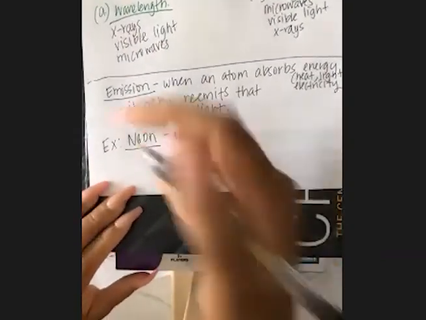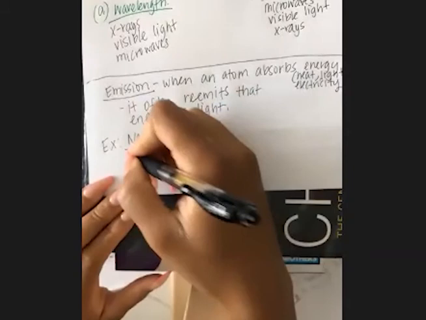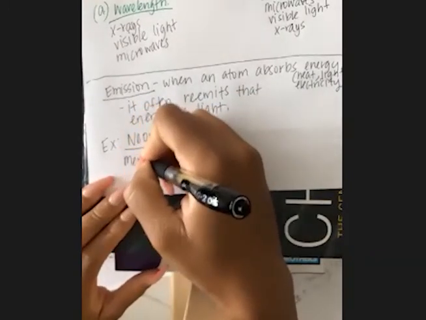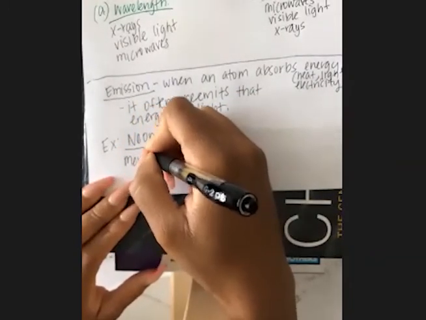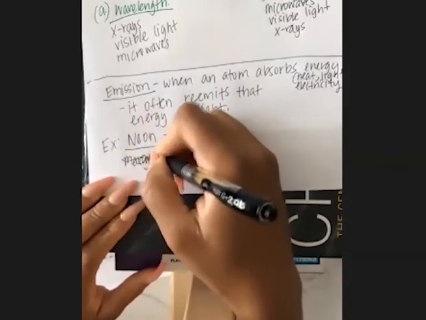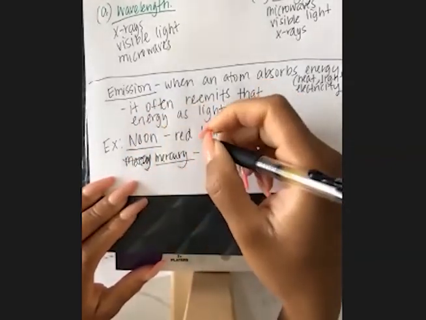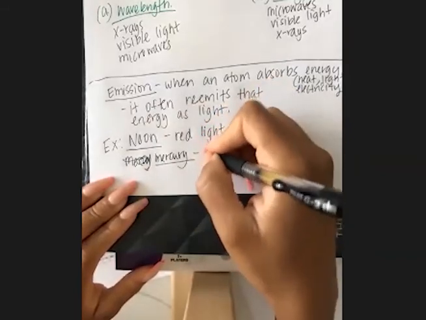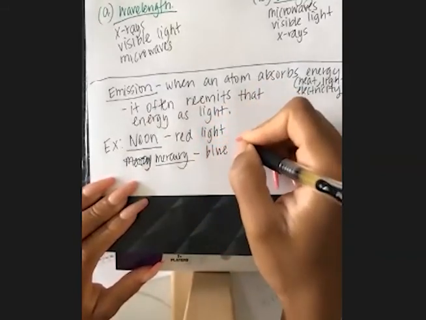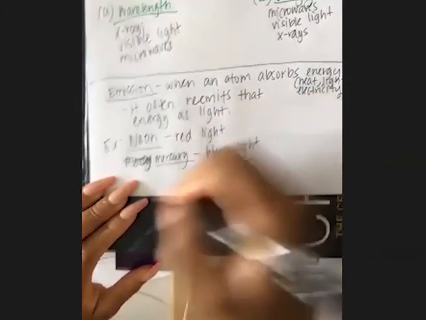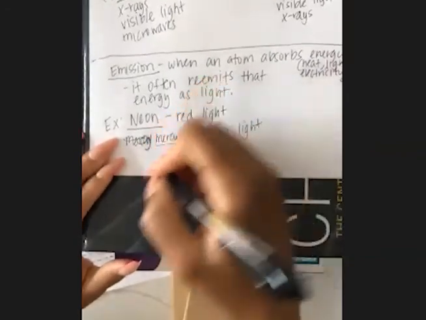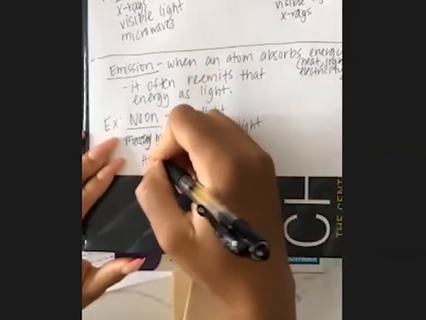Other atoms, for example, the book gives an example of mercury. If I have a mercury lamp, mercury is going to give off blue light. And then hydrogen gives off kind of like a pinkish light.